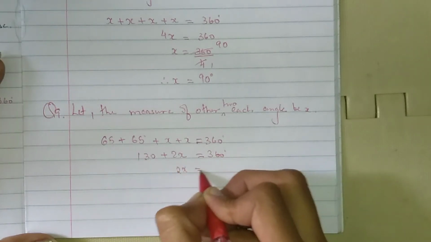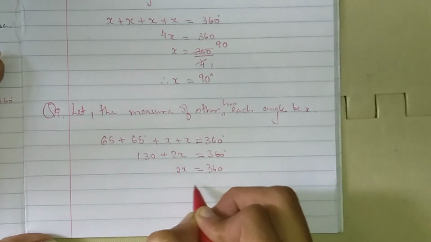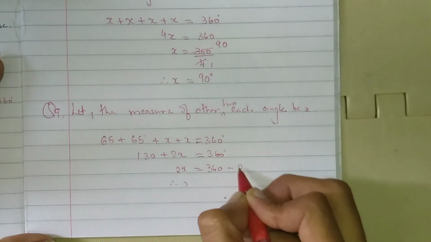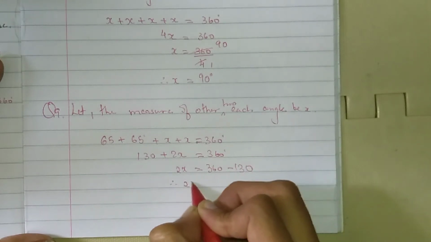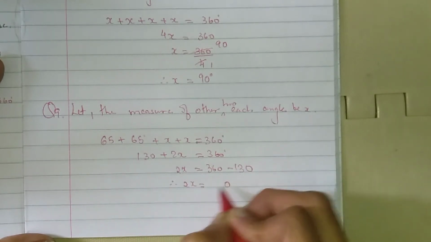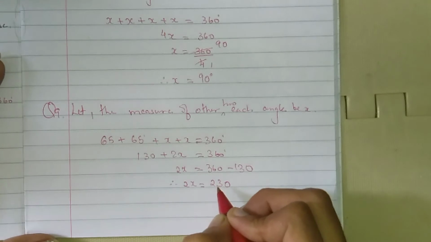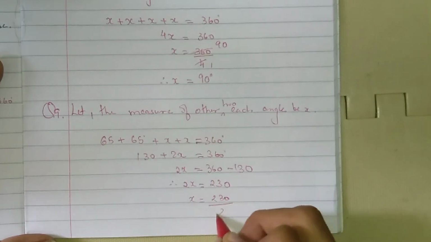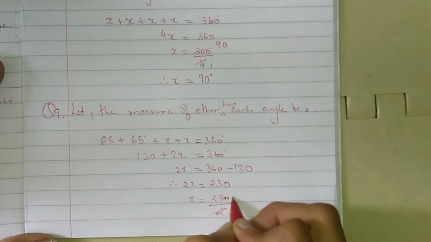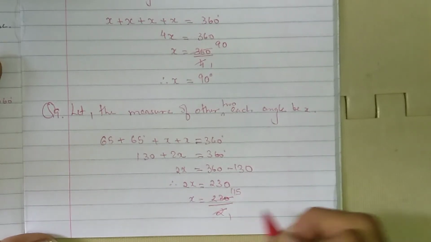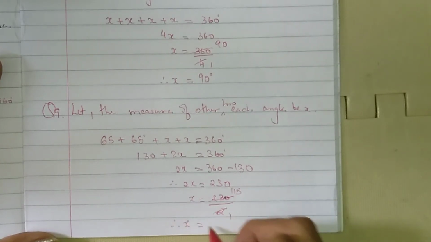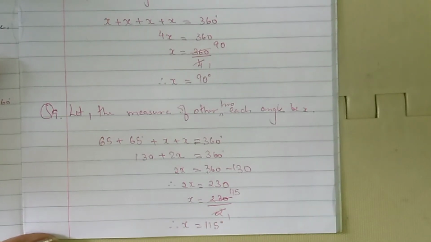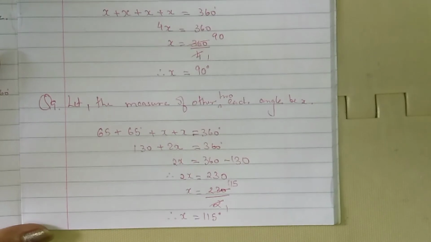So 2x equal to 360 minus 130. Therefore 2x equal to 230. So x equal to 230 divided by 2. Therefore x equal to 115. So the measure of the other 2 angles is 115 degree.